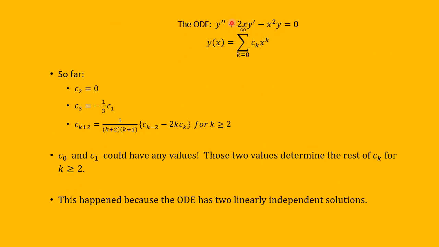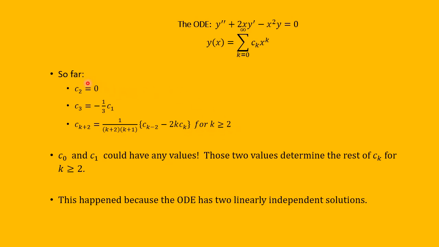Still looking at that same ordinary differential equation and still looking at solutions of this form, a power series. So far we have found that c sub 2 is 0 and c sub 3 is minus 1/3 c sub 1. And c sub k plus 2 was this fraction times c sub k minus 2 minus 2k c sub k for k greater than or equal to 2.